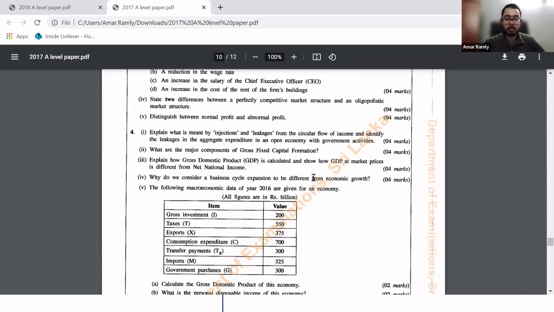Remember, the first part is how GDP is calculated. The second part is how GDP differs from net national income. We can start with the calculation one. It's pretty easy. I'll give you a hint: there are 3 main ways to do it.